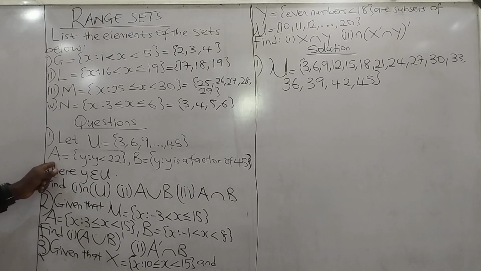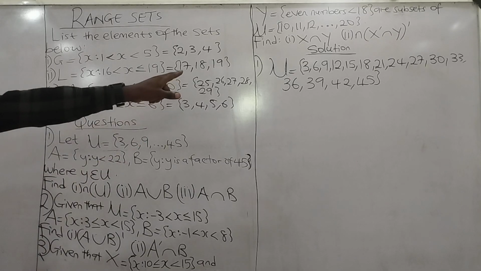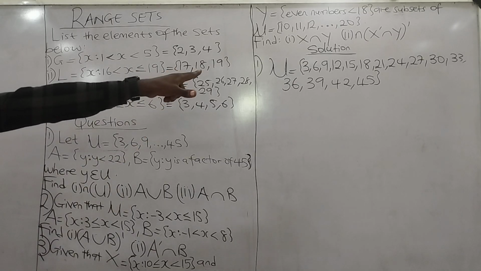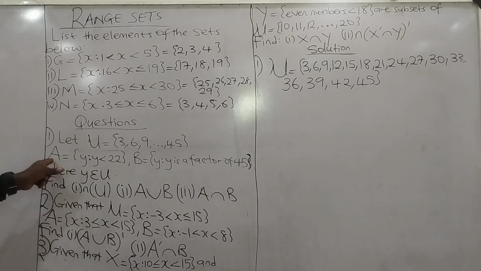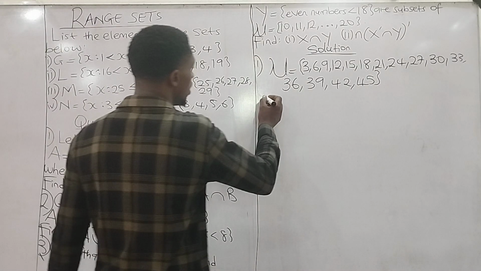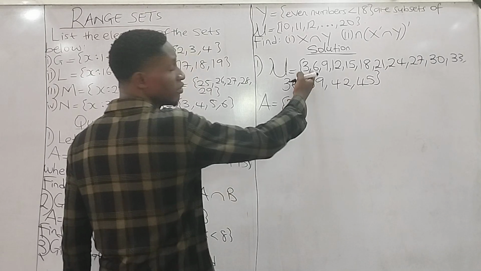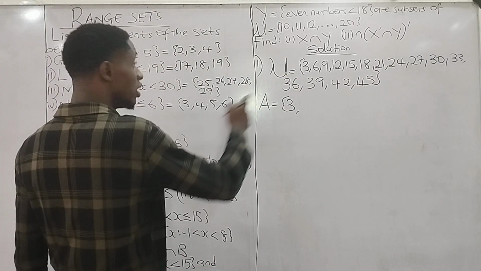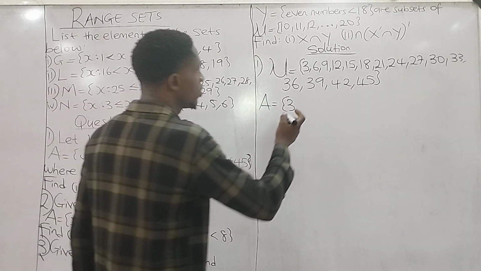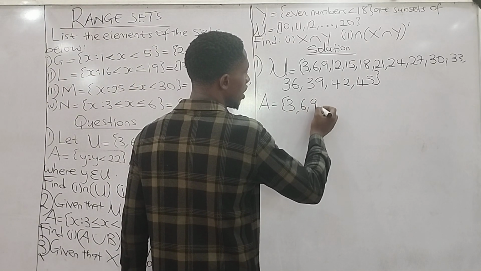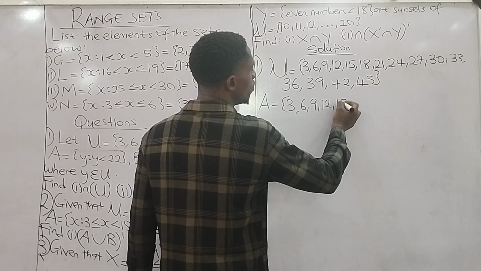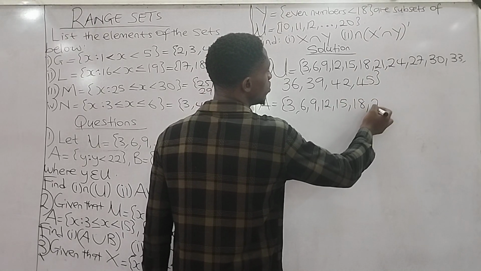Then we have subset A: y such that y is less than 22. So we are going to list all the numbers that are less than 22 and bring them here for set A. So we have set A is equal to 3, 6, 9, 12, 15, 18, 21.